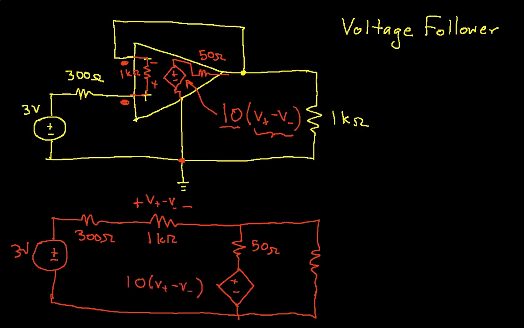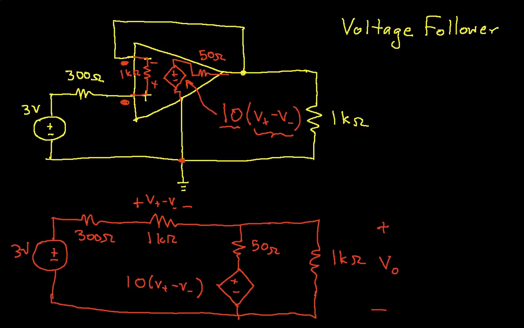If you feel the need at this point, you might pause the video to make sure that I've drawn this correctly. Well, I forgot the 1 k ohm. And the thing we're actually interested in here would be the output voltage of the op-amp.